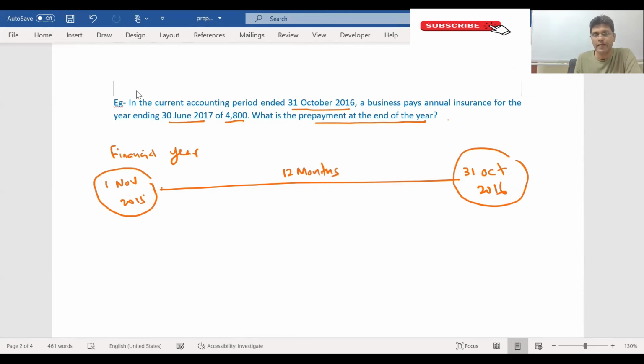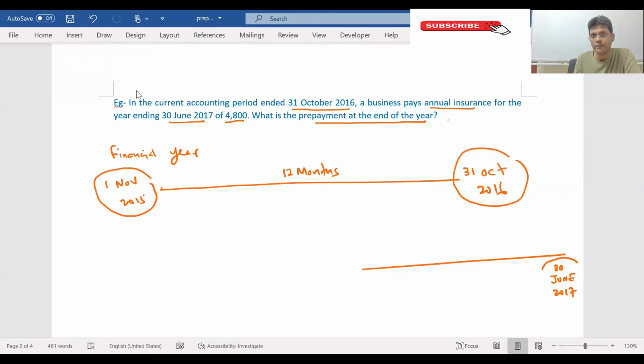A business pays an annual insurance for the year ending 30th June 2017 of 4,800. Okay, so this annual insurance period ends on 30th June 2017.